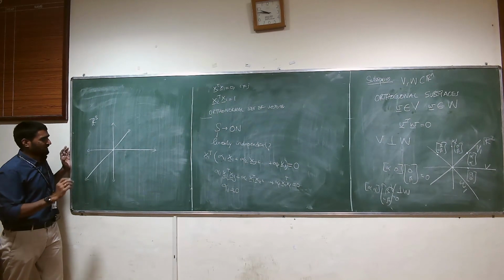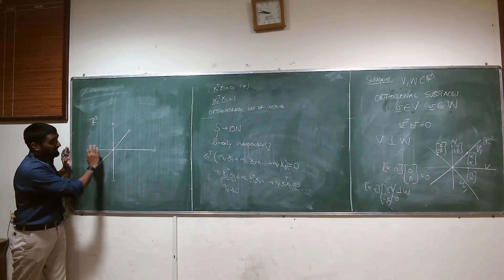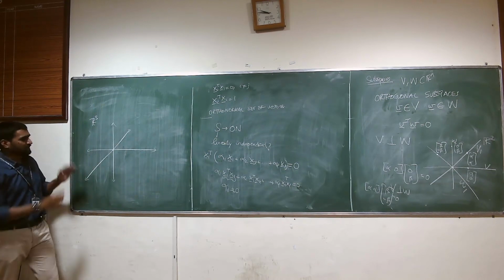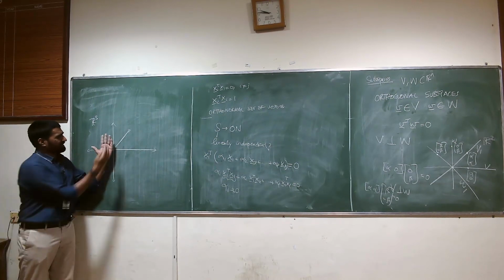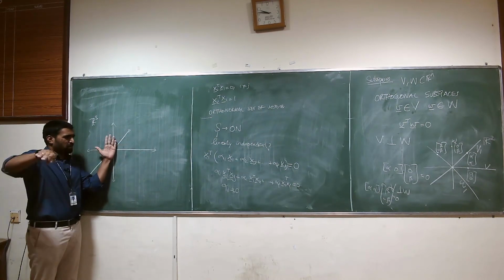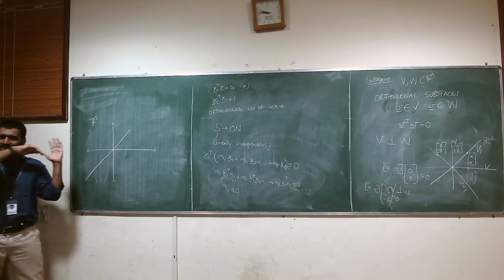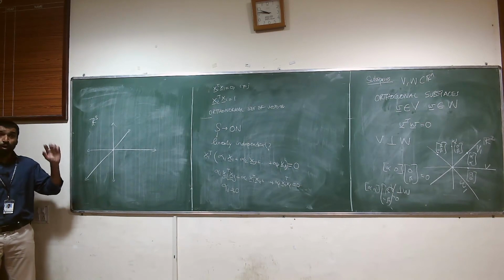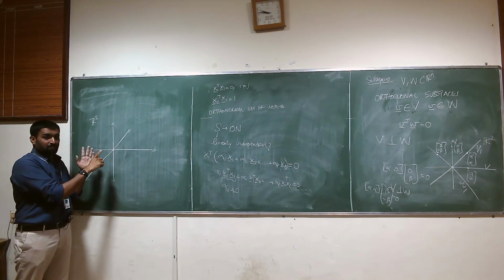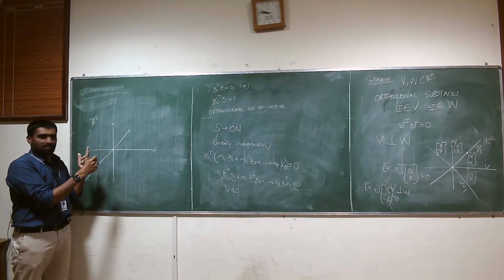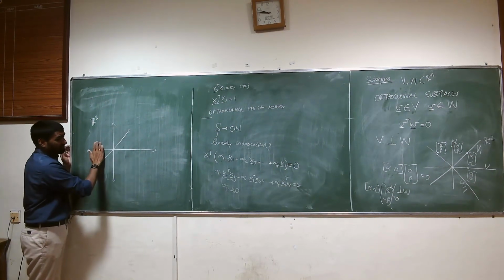What about the XY subspace and the XZ subspace? That means this plane and this plane. Are they orthogonal? Are all vectors from both these subspaces orthogonal to each other? So XY and XZ.